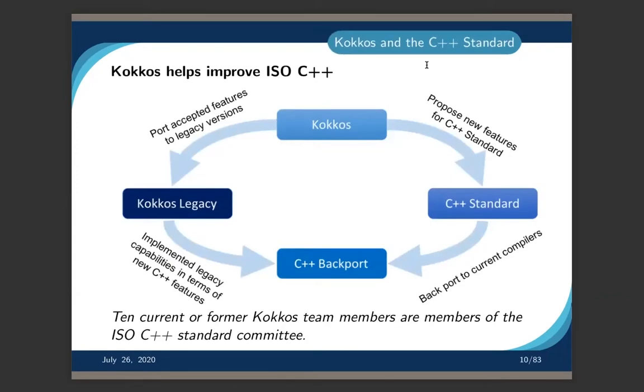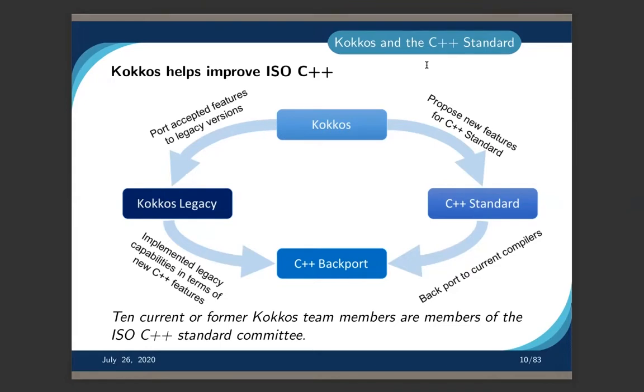Regarding the ISO C++ standard, one of the goals we have there is that we are proposing new features for the C++ standard. The idea is that we get some of the core concepts and some of the core difficulties into the C++ standard, so that long term, it's not just our job to maintain these capabilities.